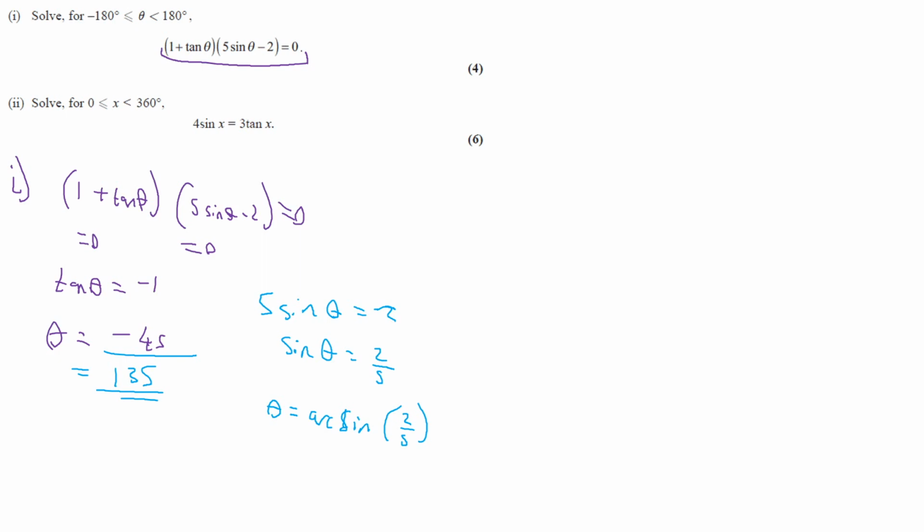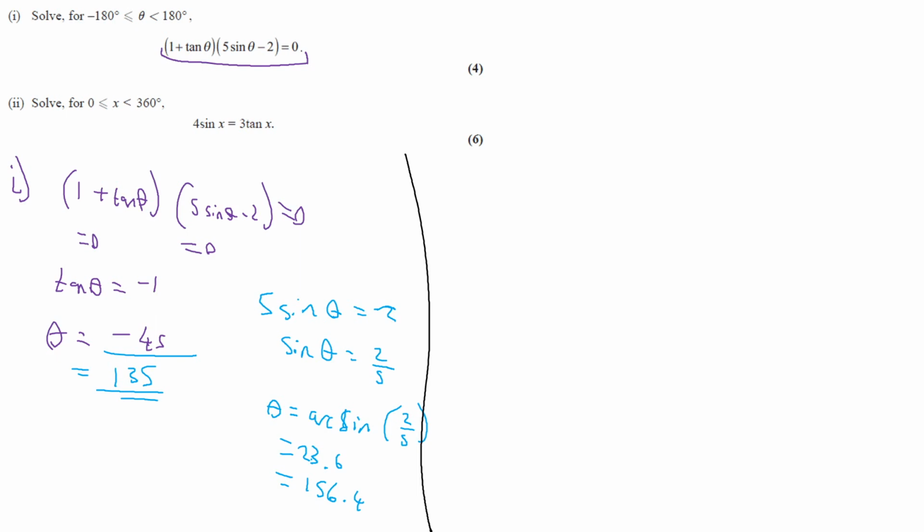That's a word I haven't used in ages. Wow. Yeah, I get 23.6. I'm going to put it to 1 decimal place. And then we do 180 minus that to get our other value, which is 156.4. Rightio. So that was part Roman 1.